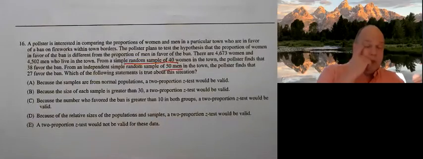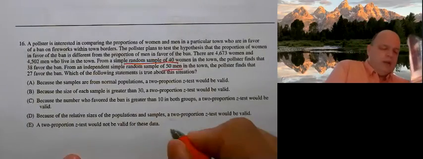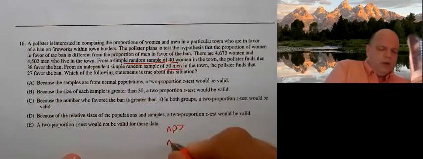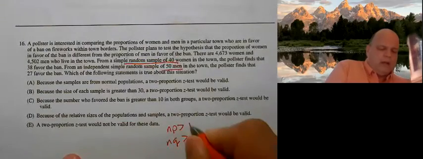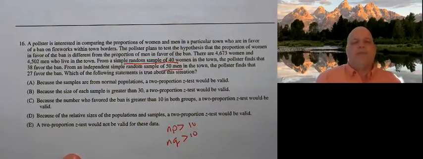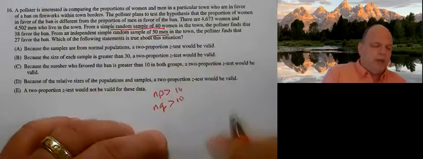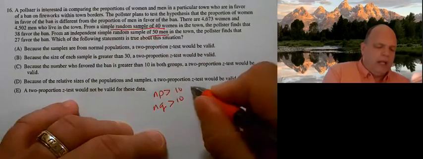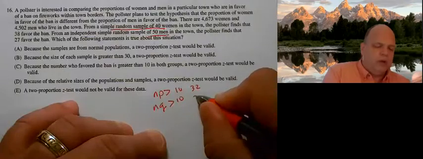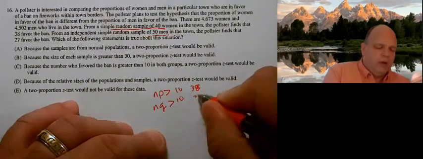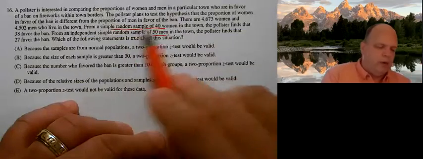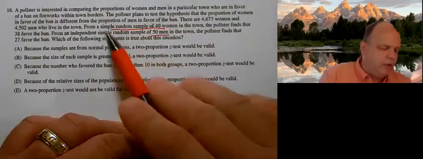And the next big thing is we need NP and NQ greater than 10 for both of them. Well, when I look at the women, we have 38 women for NP, but our NQ is 40 minus 38, because we surveyed 40 women.